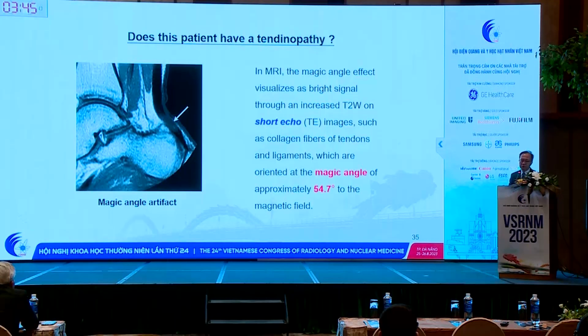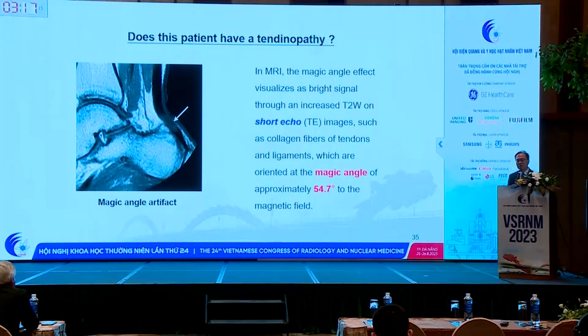And we use proton density, that is an echo time between 20 and 40, for diagnosis of the meniscus. The reason is that for the meniscus, heavily T2 will cause too much noise, and then we will underestimate the meniscal tear. So for the meniscus, we use proton density, between 20 and 40 milliseconds.